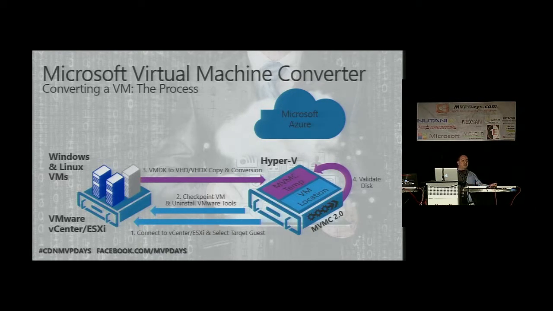If you are migrating to Azure, then the fifth step is copying the VHD to the final location. So that is the 5A. If you want to migrate to Azure, you will use exactly the fifth step to copy them to the Microsoft Azure storage account. And then you have all the VMs there.